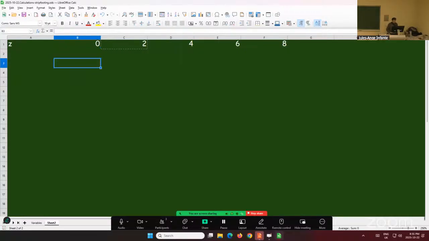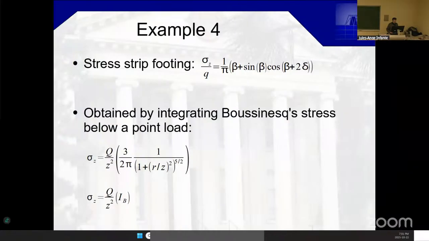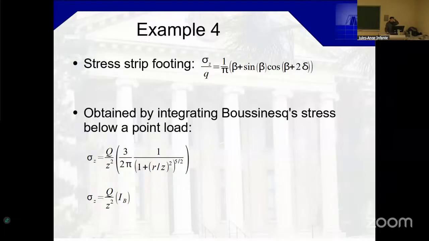Stress distribution, so we said it was 50 kPa at the surface. Looking at the equation, we said that stress under a given point is q/π times (β + sin β cos(β + 2δ)).